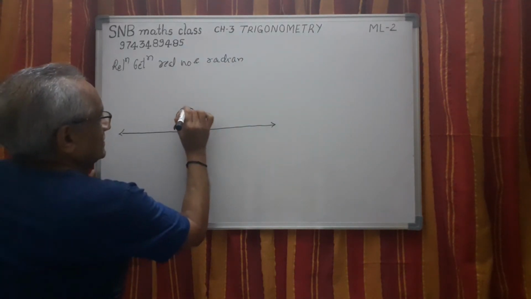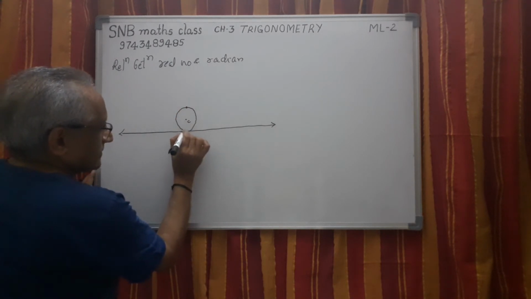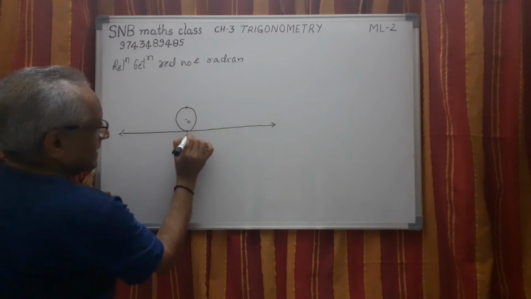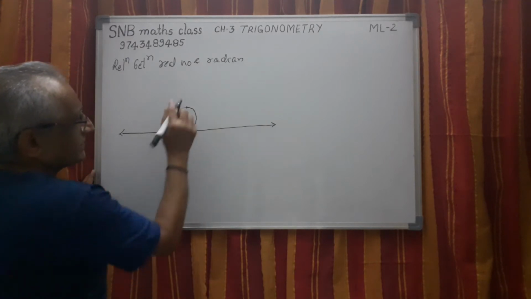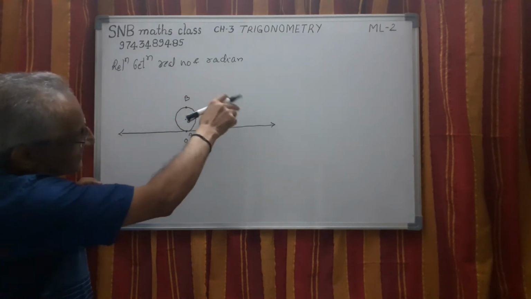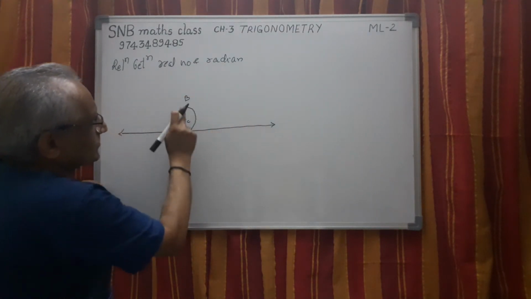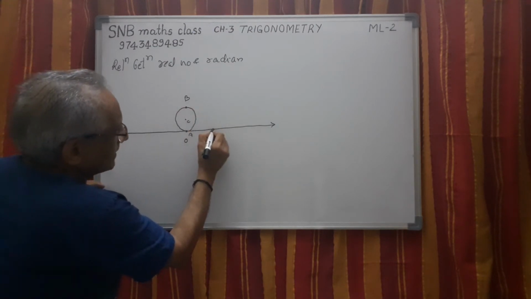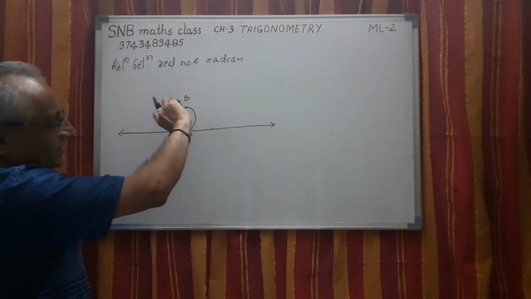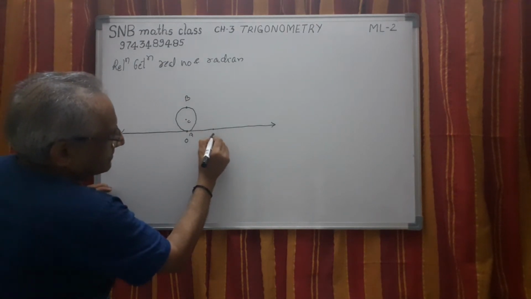Now mark this point, say this is O, and let us take the point on this circle as A, this point is A, this point is B. Now rotate this circle in this direction along the line. When you rotate this circle, this B touches here. So this is our B.